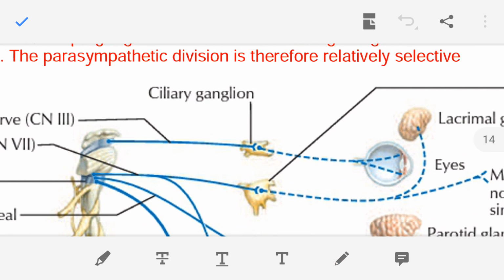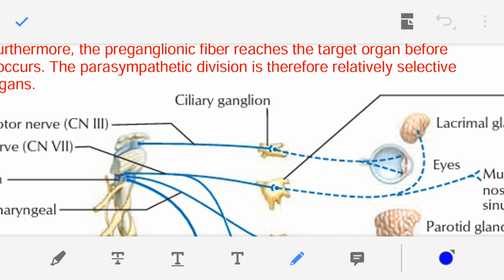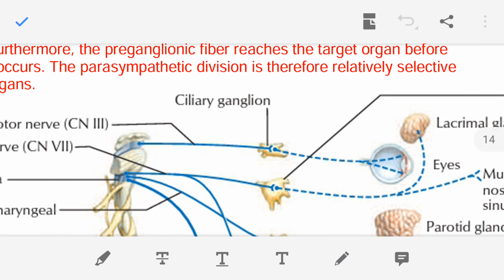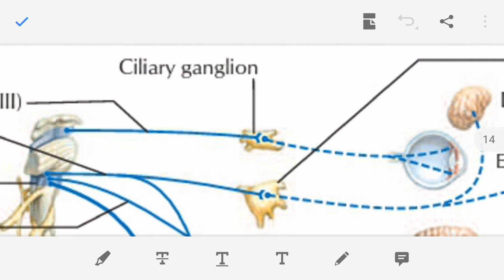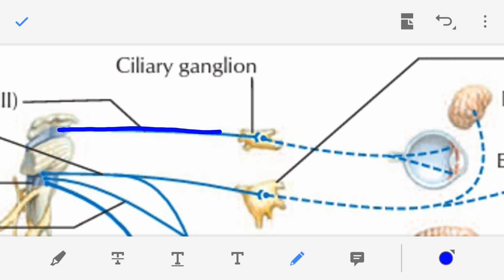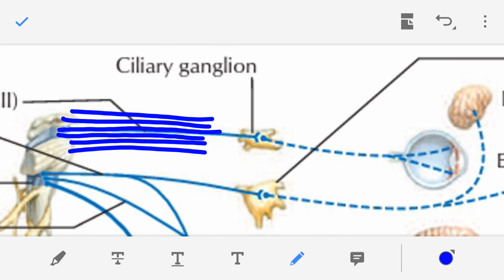As you can see in this figure, this is the preganglionic fiber and this is the postganglionic fiber. By looking at this figure, you may think this is one preganglionic fiber and this is one postganglionic fiber, but this is not the case. Actually, there are many preganglionic neurons, and they merge with the cranial nerve.